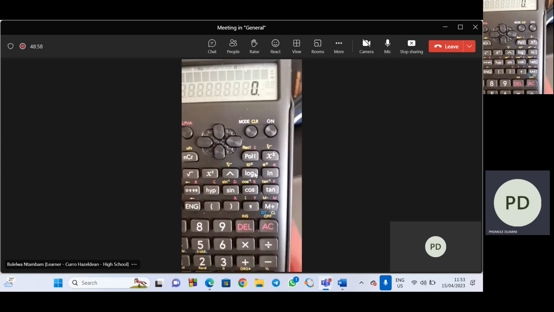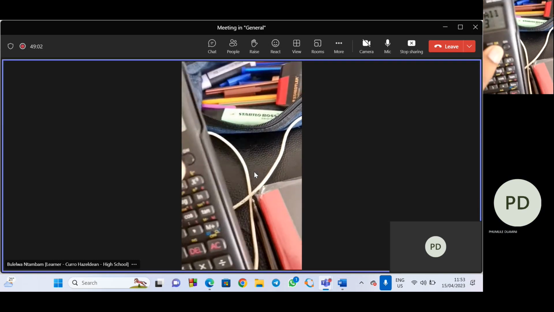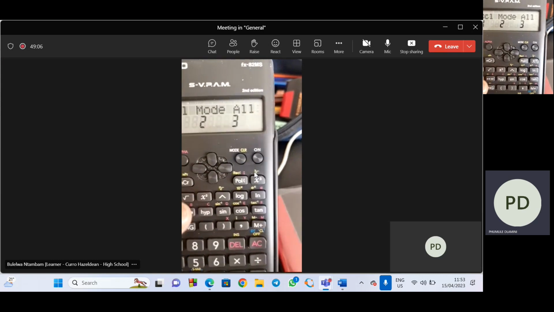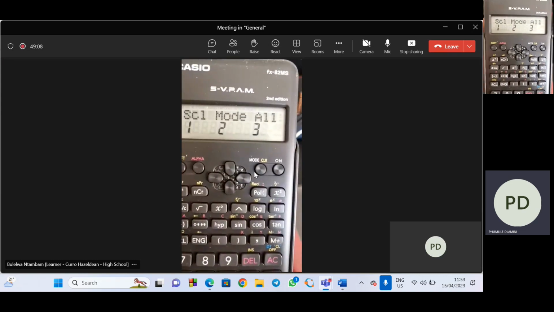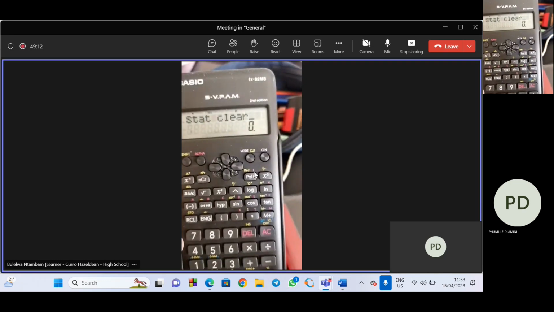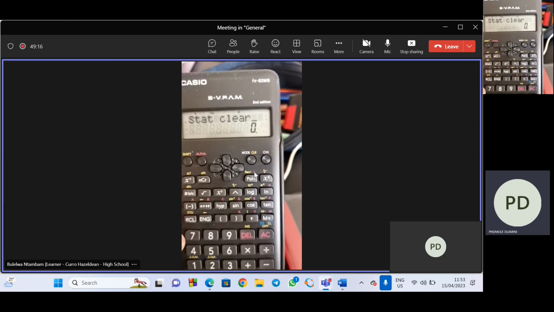Then you can go to shift mode. It says mode 2. Okay, press 1. Did you press 1? Say yes. Start.